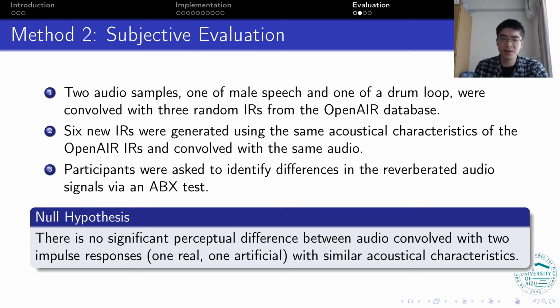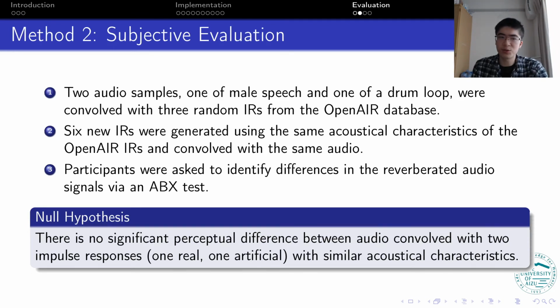And then we convolved all of these impulse responses with a few audio samples and generated an ABX test where we asked participants whether they can tell the difference between a real impulse response and an artificial impulse response.